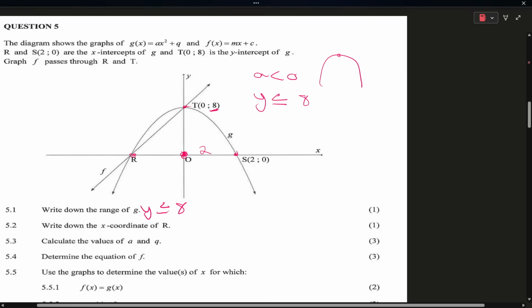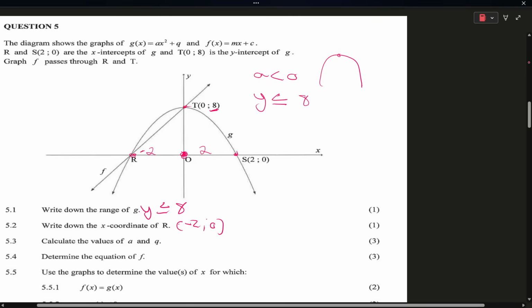Also, starting from here to this point, it's going to be 2 also. But since I'm on the left, it's going to be negative, because here is on the negative x-axis. So the coordinate of R is going to be -2, 0. Because the y value here is 0, since it's on the x-axis. Do you see that?